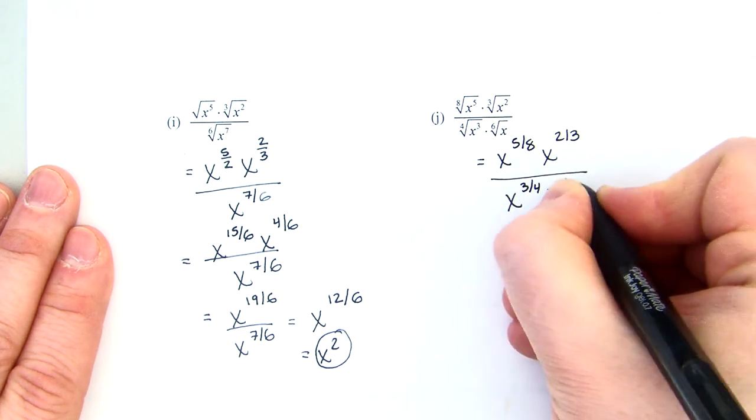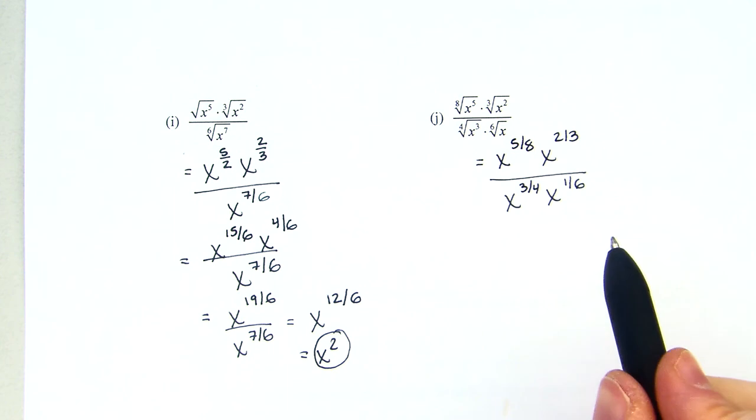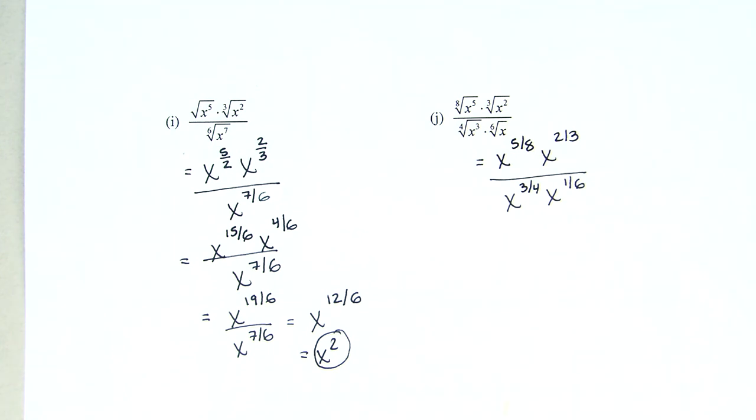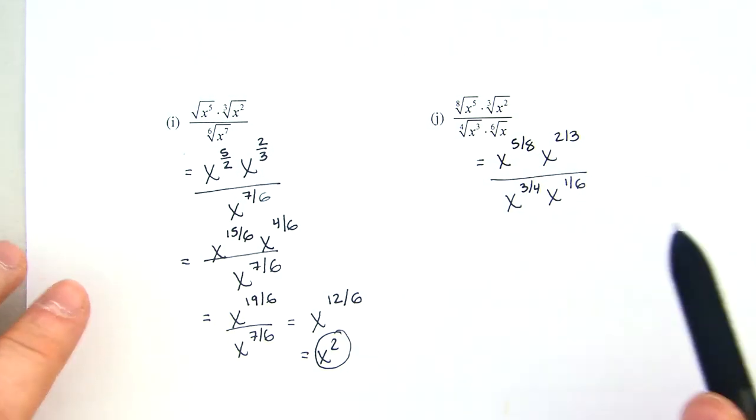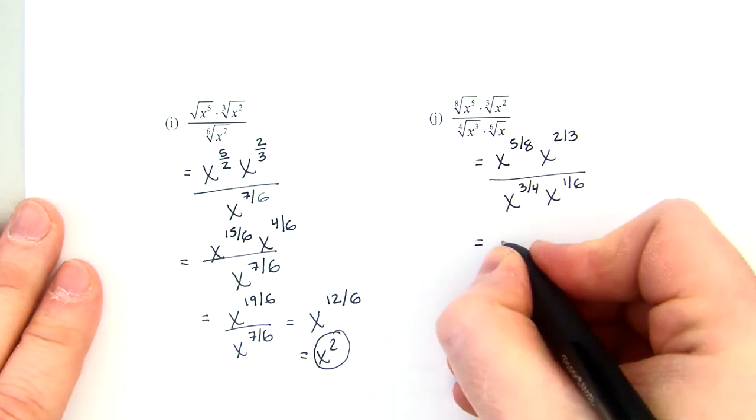Have you figured out a common denominator? One more time? Can't divide 12 by 8, though. 24 is going to be the one that works there. I feel like I was kind of nice with the 8, 3, 4, 6. I'm not going to make these ones like horrible, ugly, messy, nasty things.